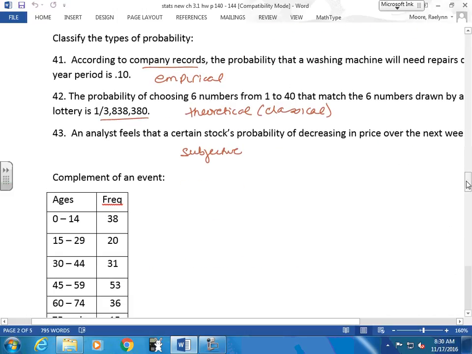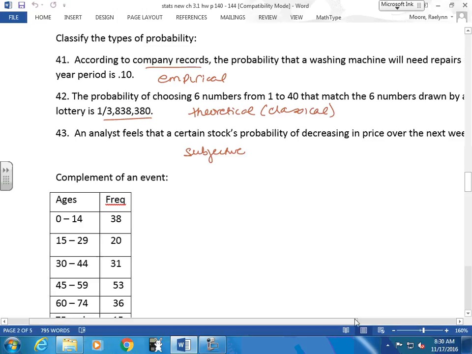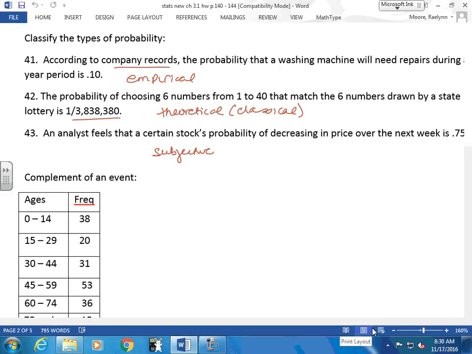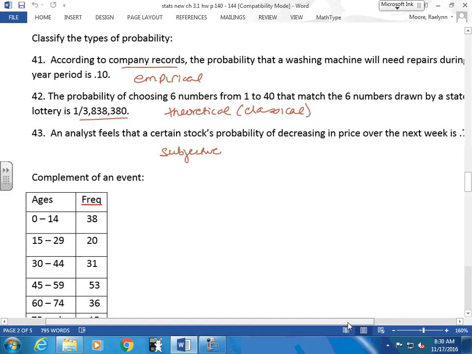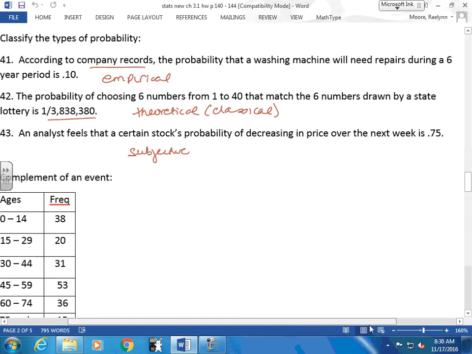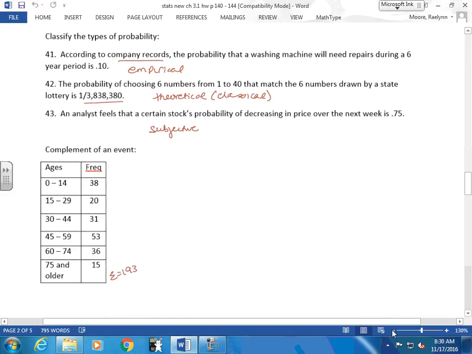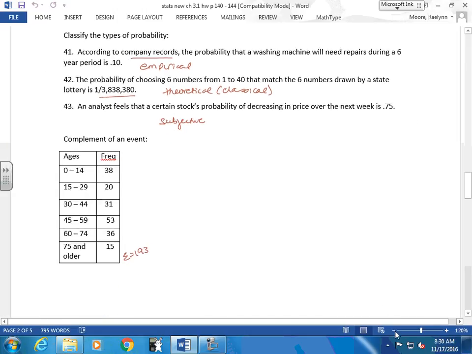Classify your probabilities according to company records. Company records, not standards above all. The probability that a washing machine will need repair during a 6-year period is 0.10%.